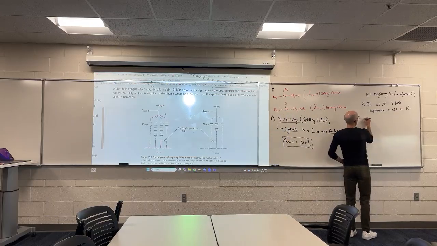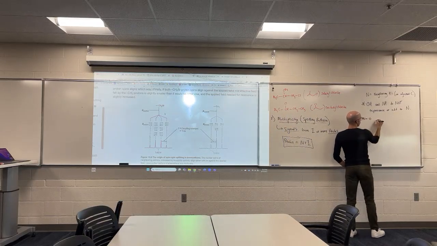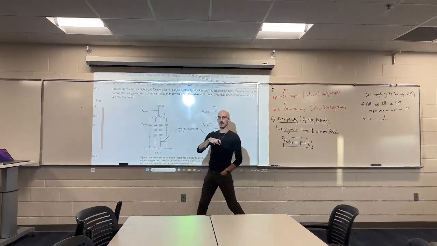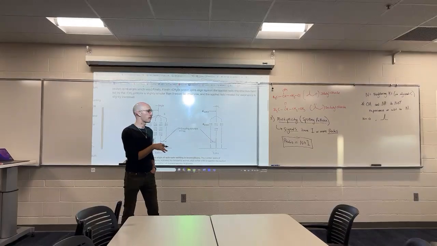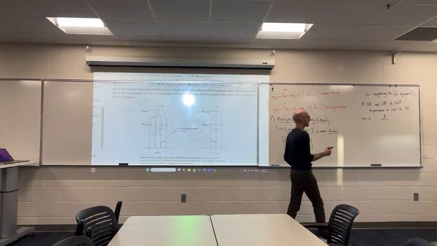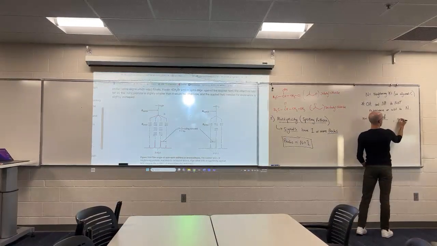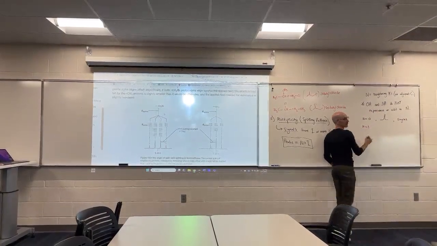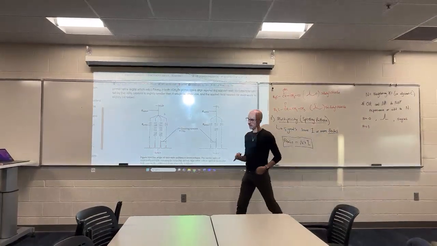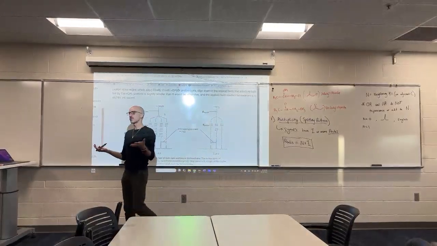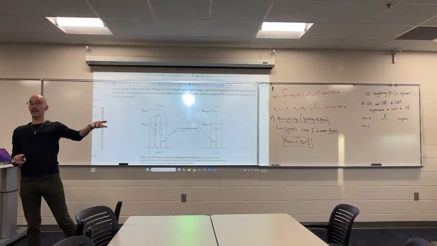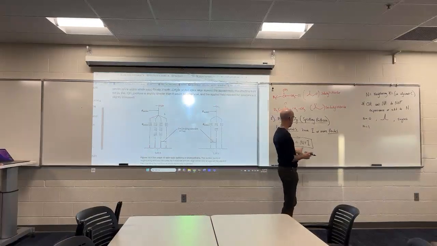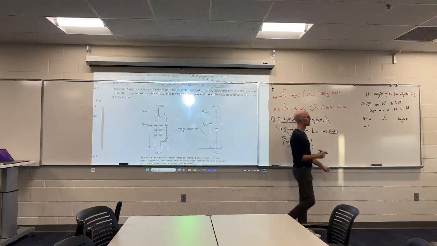So let's make a list. If n equals 0, then we get a signal with one peak. And we call this a singlet. If a set of hydrogens has one neighboring hydrogen, there will be two peaks.